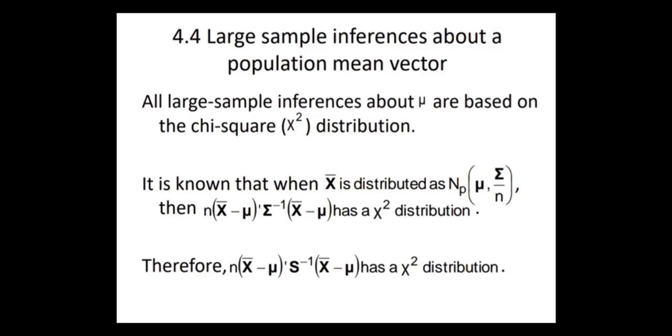Same as this term, X bar minus mu transpose, big sigma inverse, the variance covariance inverse, multiplied by X bar minus mu, also has the chi-square distribution. These two theorems you have learned before in the previous chapter. Please have a look again.